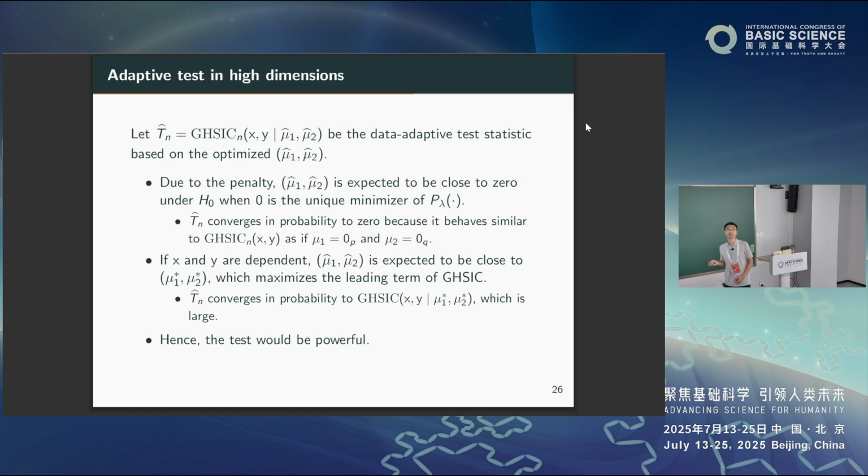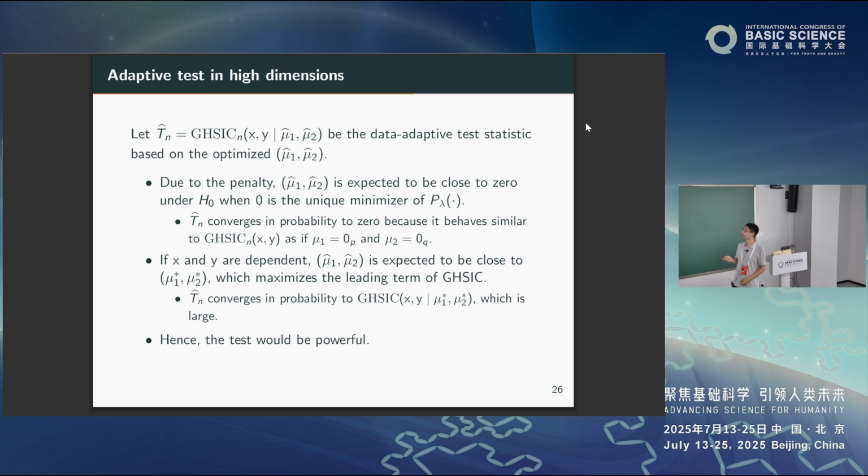And more importantly, under the alternative hypothesis, the estimated mu1 hat and mu2 hat are expected to be close to some mu1 star and mu2 star. The mu1 star and mu2 star will maximize the leading term of the generalized HSIC, or approximately maximize the generalized HSIC.